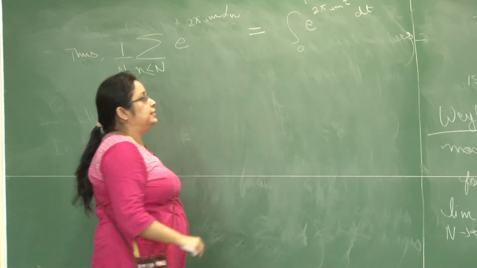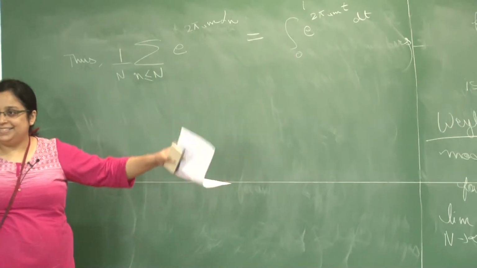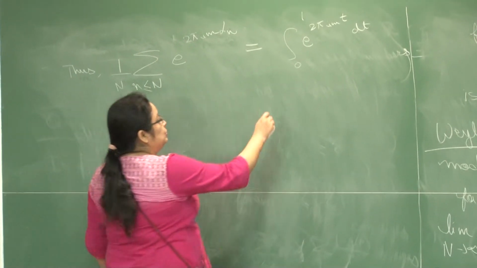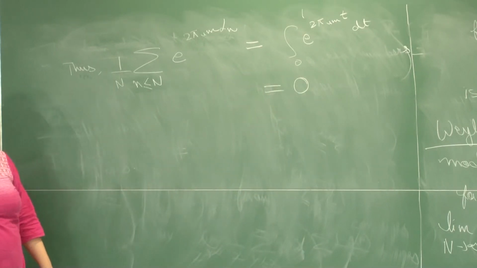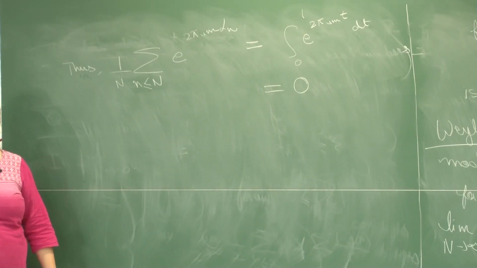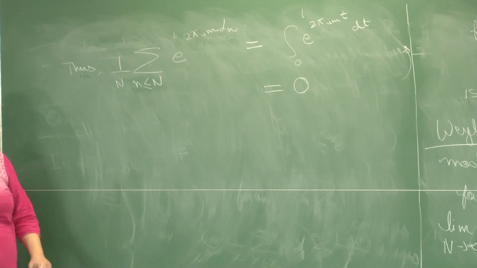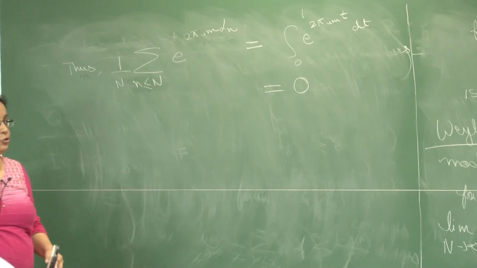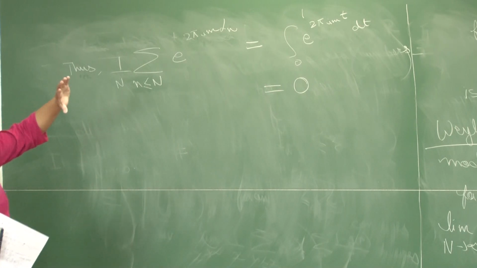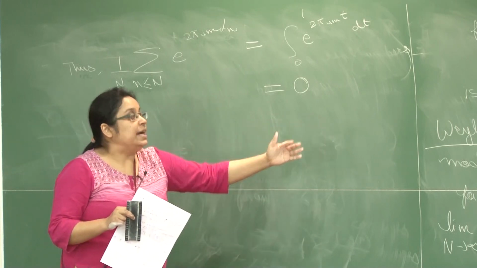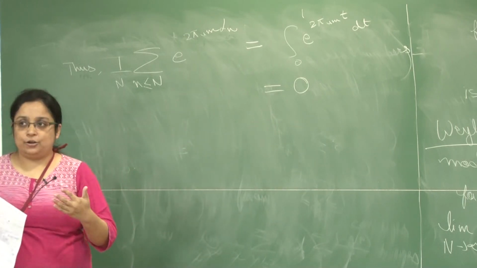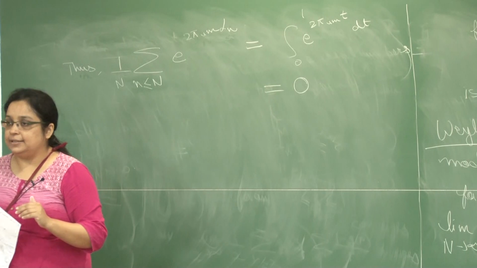But if m is not 0, I leave it as an elementary exercise for you to verify that this is just 0 for any non-zero integer m. I know some of you have studied uniform distribution in different contexts. So, this is to indicate to you how Weyl's theorem follows as a consequence of Levy's continuity theorem.